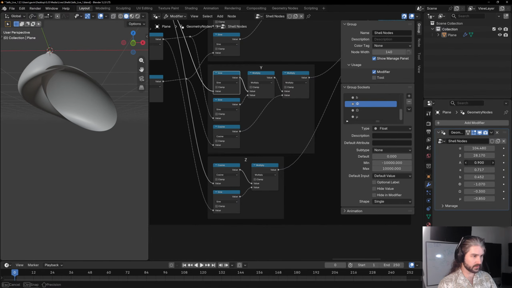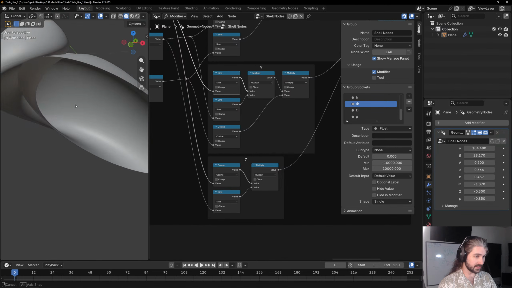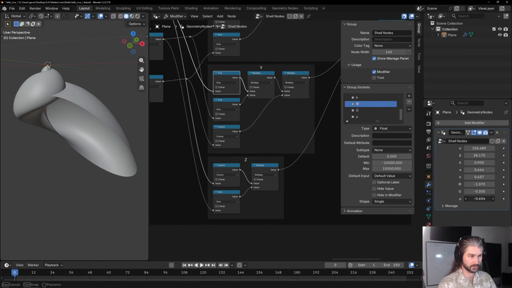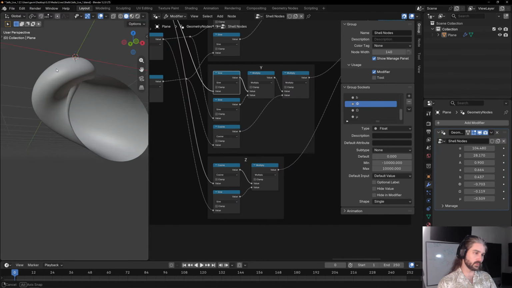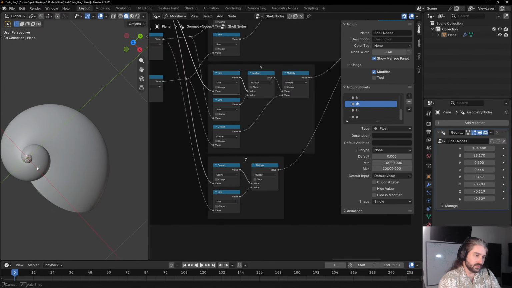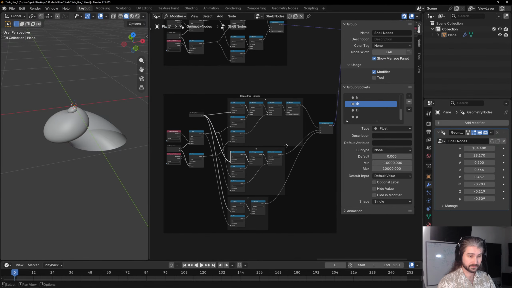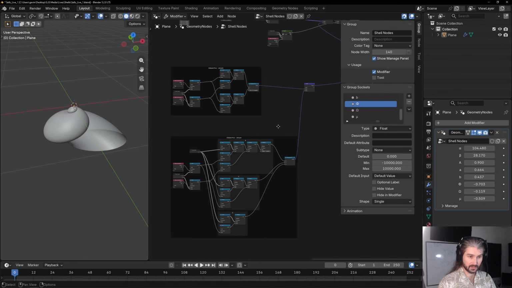So now we can create basically any shell we want. There are a few more steps, but this is the bulk of it, and definitely the hardest part. The hardest part is really wrapping your head around these rotations. But once we get them in, it's like, oh, well, shoot, that's any snail shell for sure. And it's well worth the effort.